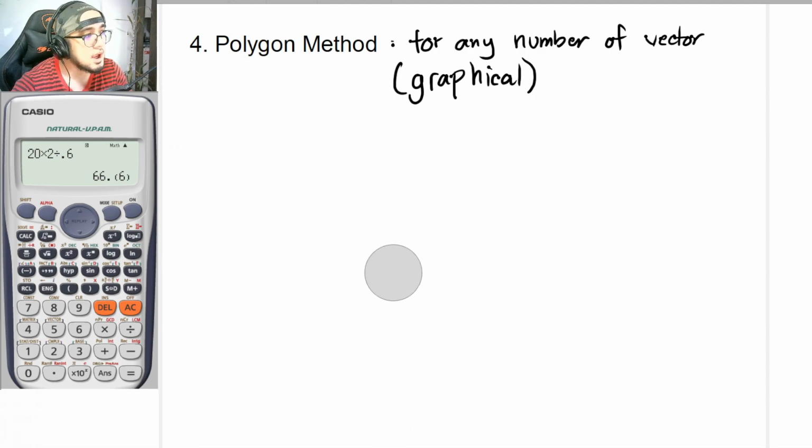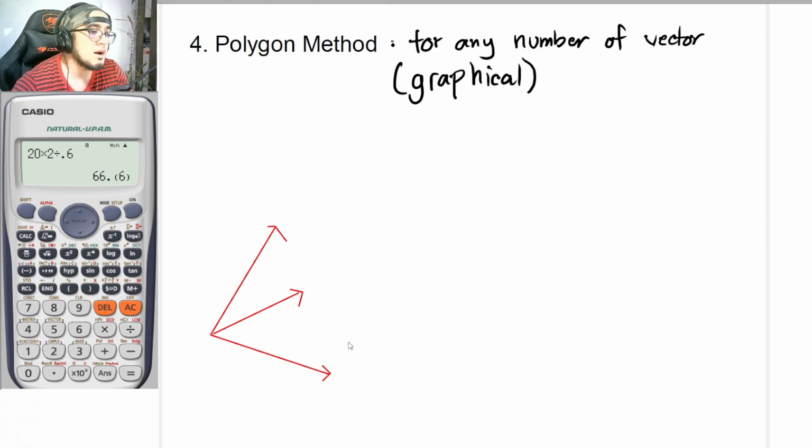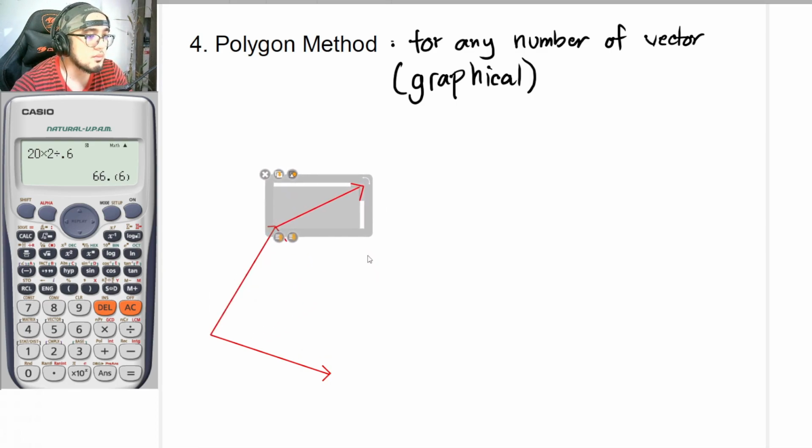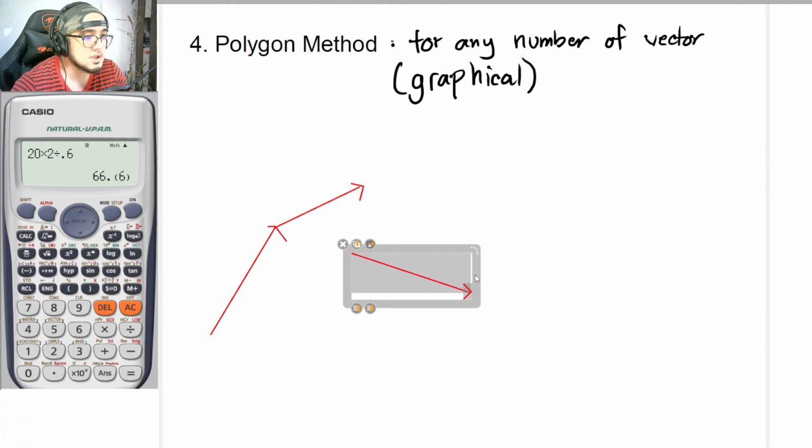So, for example, let's say the vectors look a bit nicer. This is your vector 1, this is your vector 2, and this is now your vector 3. To get the resultant of all of these vectors, arrange them from tip to tail, like this.